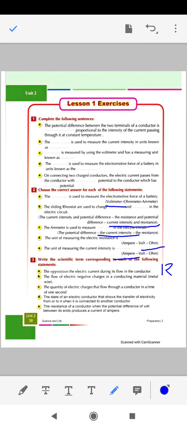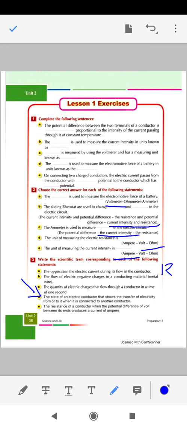The state of an electric conductor that shows the transfer of electricity from or to it when it is connected to another conductor. This definition is very important. The state of conductor is the electric potential of the conductor, not potential difference.